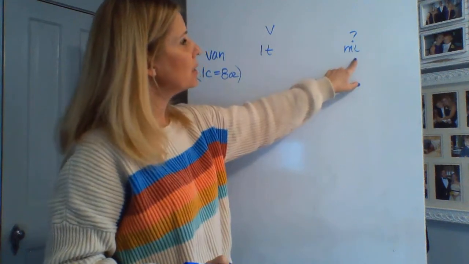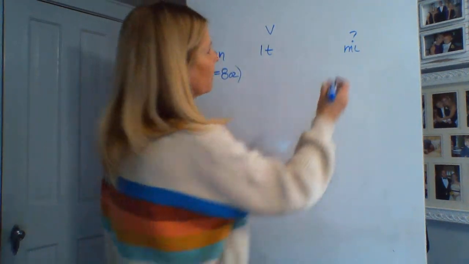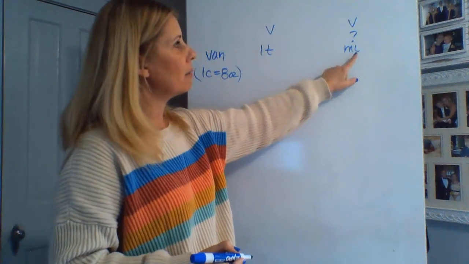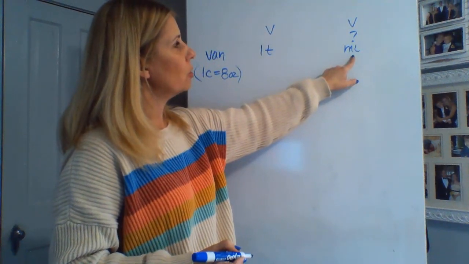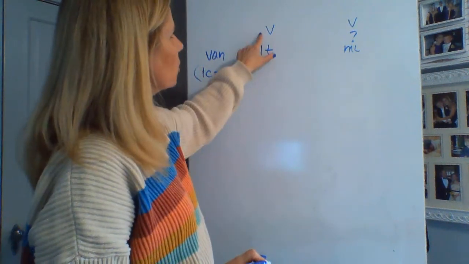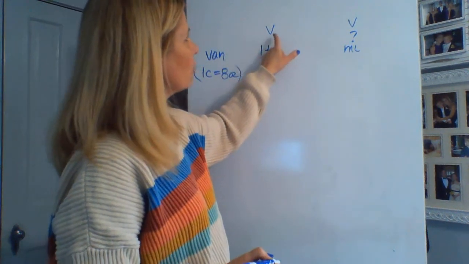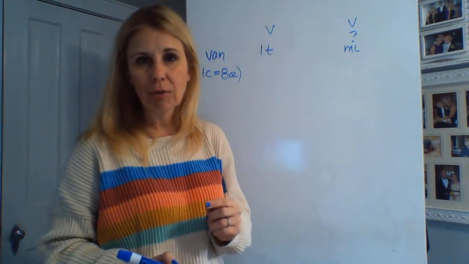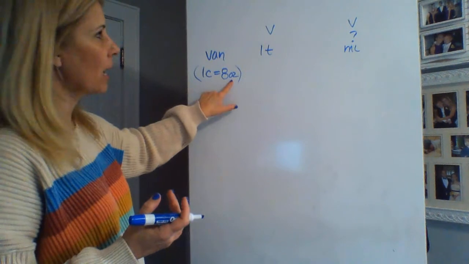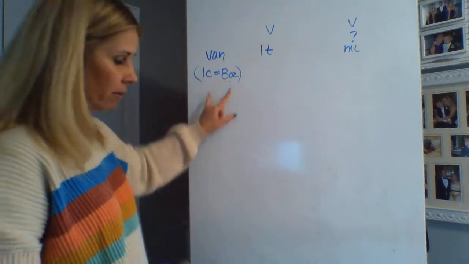And is milliliter volume or weight? That answer is also volume. Milliliter is a metric system unit of volume, okay? So we learned last week that if our conversion is a volume to volume conversion, we do not need any information from the Book of Yields or any equivalency between weight and volume.